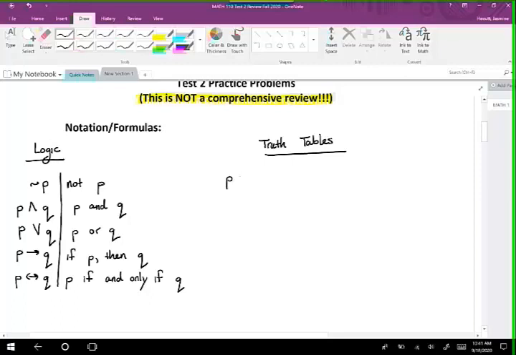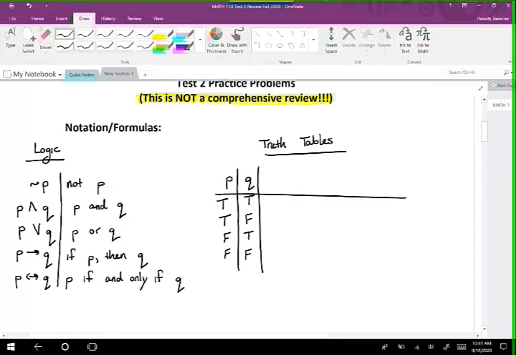So remember, the truth tables always start with your P and Q. P is true, true, false, false, and then Q alternates, true, false, true, false. Those would always be given to you in the tables on the test or the homework.